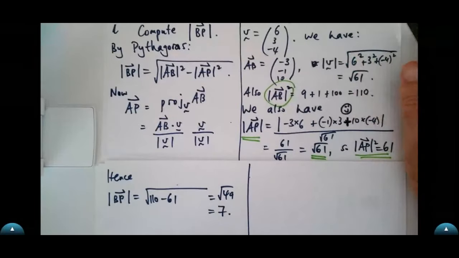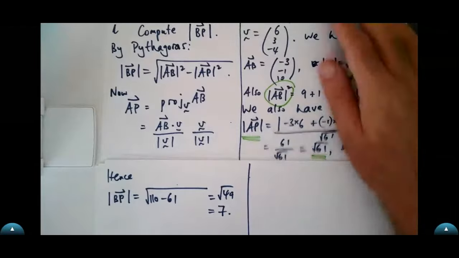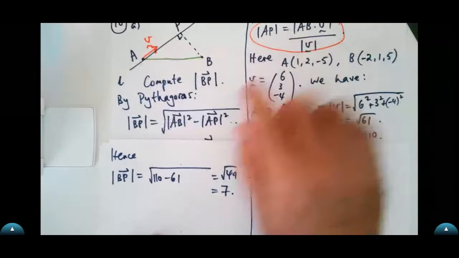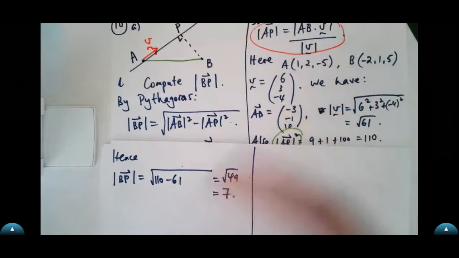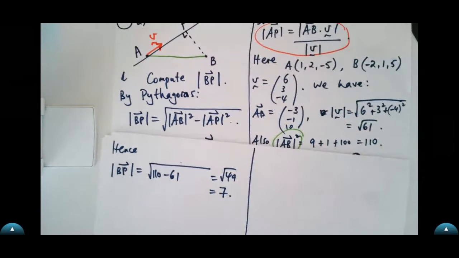But there are important ideas going on in my solution. A lot of students tend to memorize formulas, whereas if you just draw a picture and use Pythagoras, it's super easy to really understand what's going on.